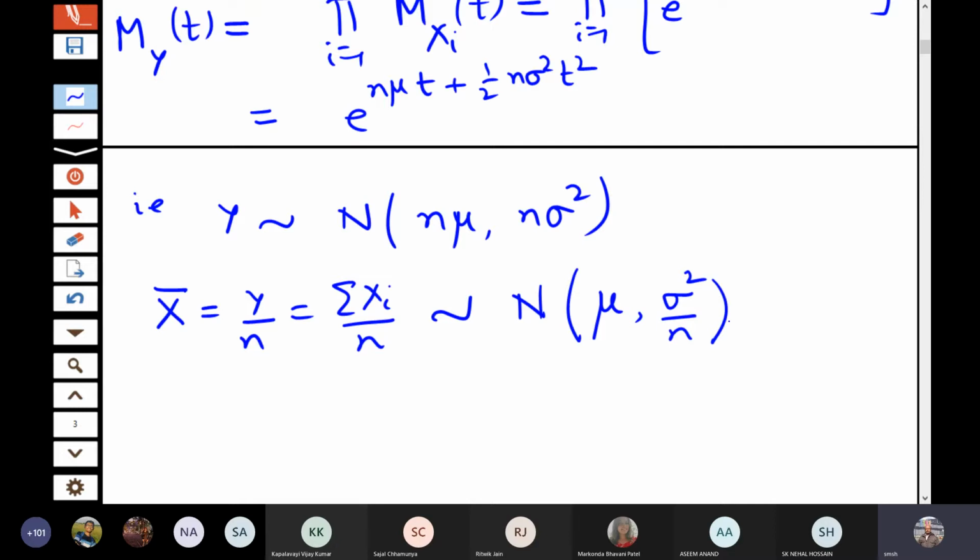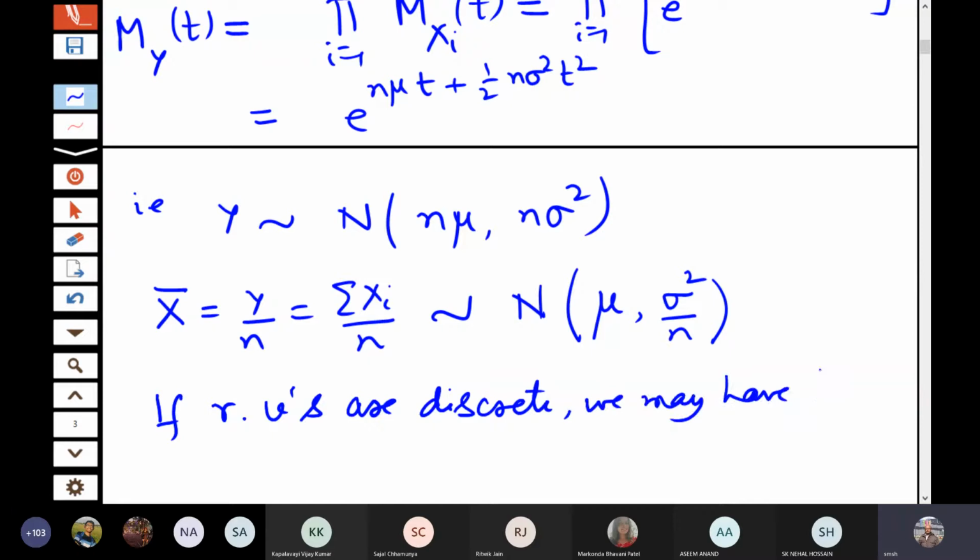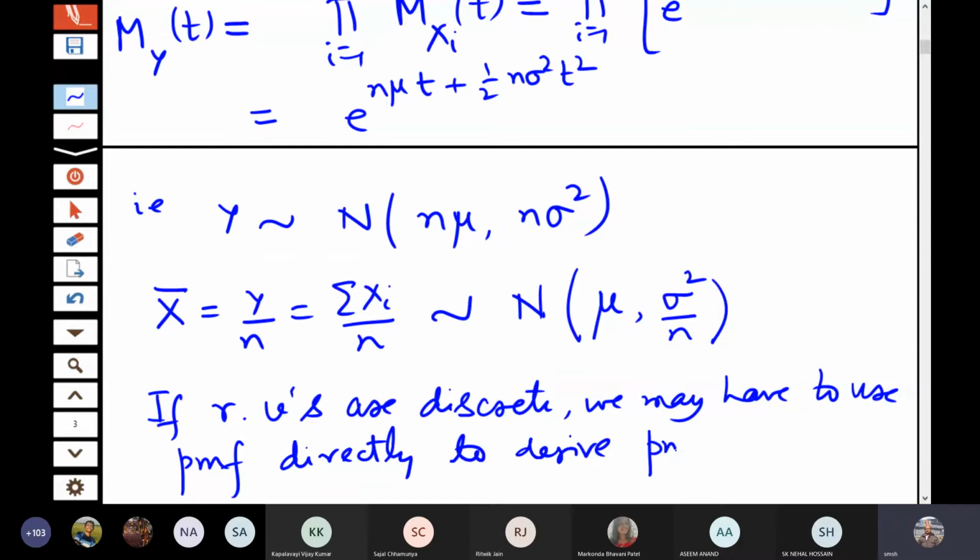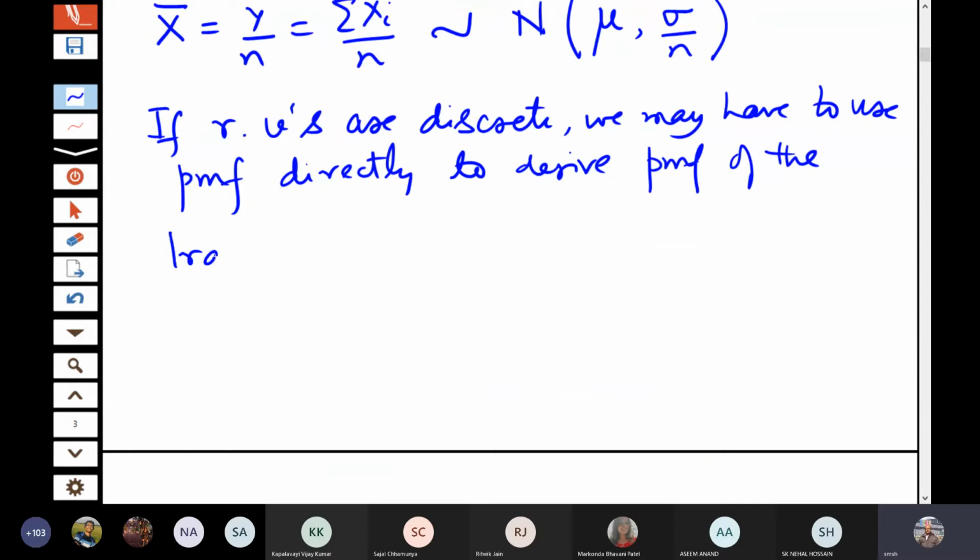So let us take, say, one example. If random variables are discrete, we may have to use the probability mass function directly to derive transformed variables.